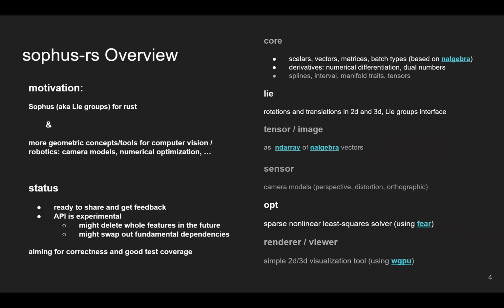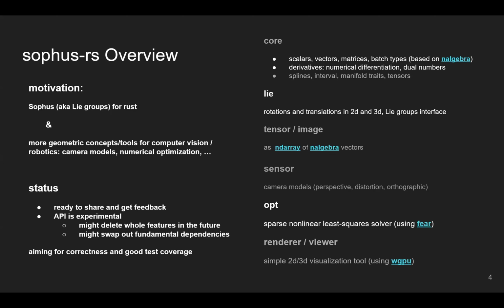Well, we all know Rust is great, so I'm really excited about Rust. So I basically ported Sophus to Rust. That was the main motivation, mostly as a hobby project, but I'm also starting to use it a little bit at Farm NG.